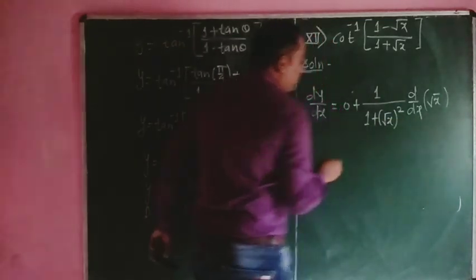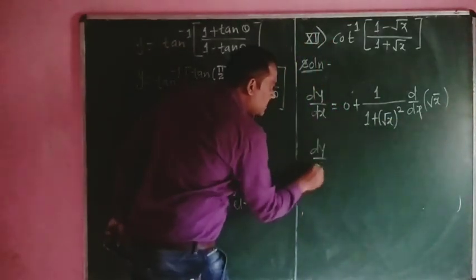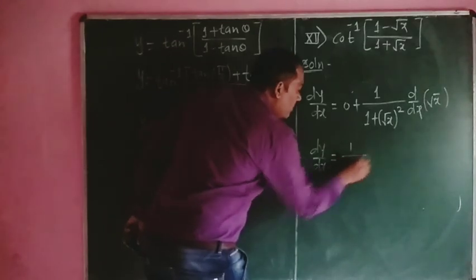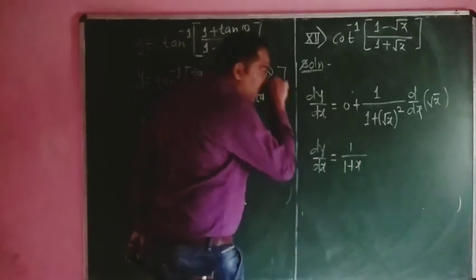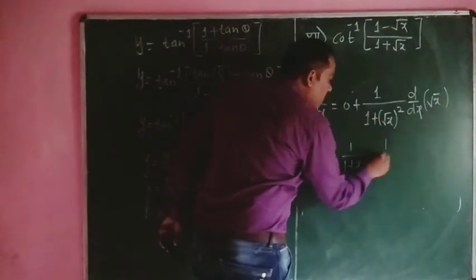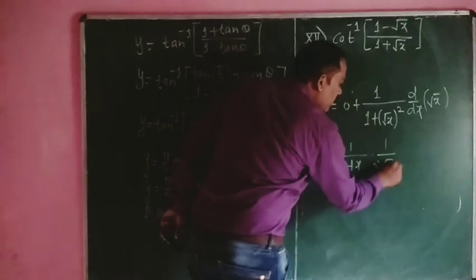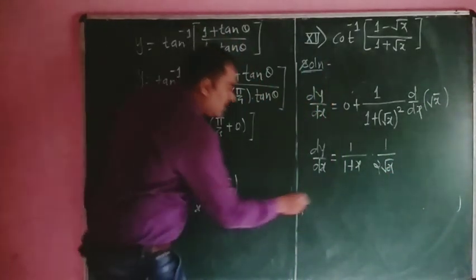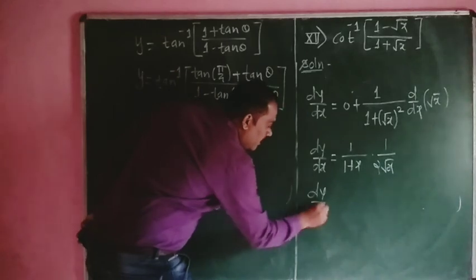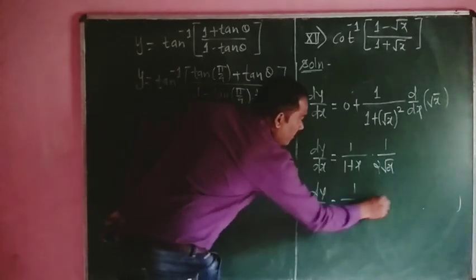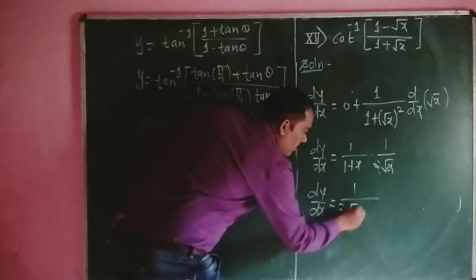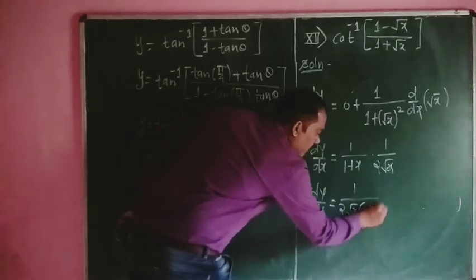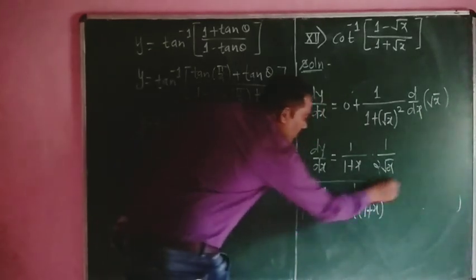The square and square root get cancelled, so dy by dx is equal to 1 upon 1 plus x. Now the derivative of root x is nothing but 1 upon 2 times root x, so we get the answer dy by dx is equal to 1 upon 2 times root of x into 1 plus x, which is the required answer.